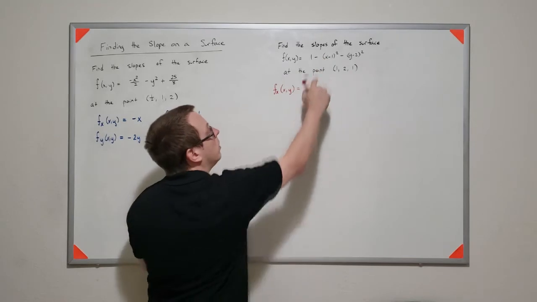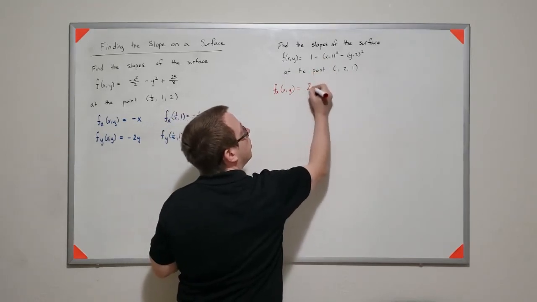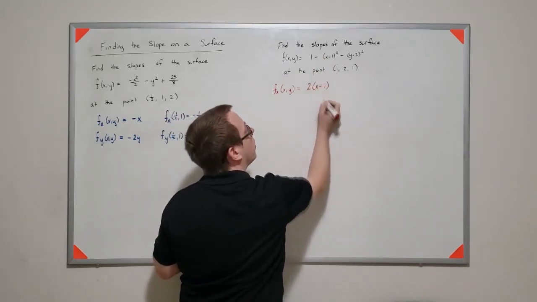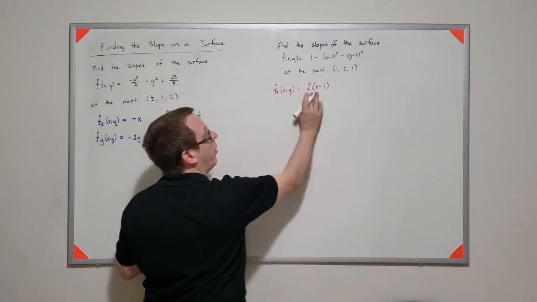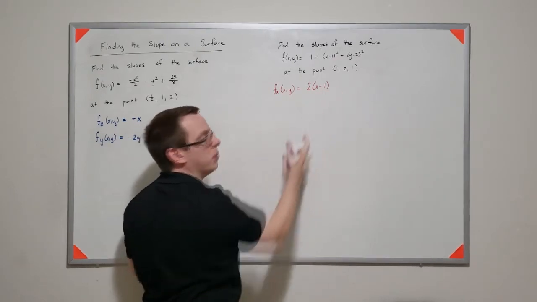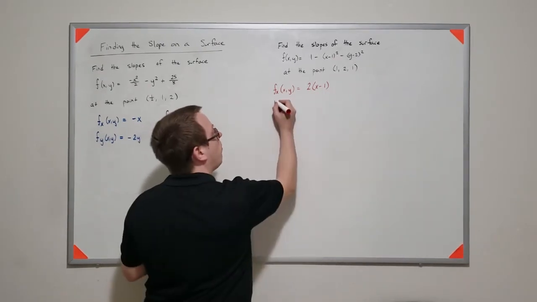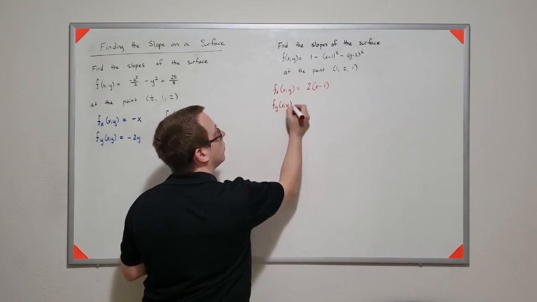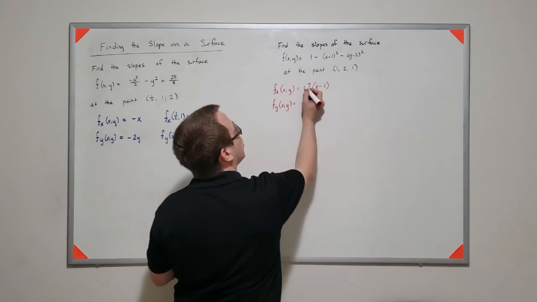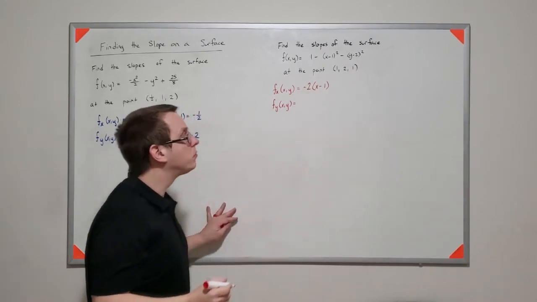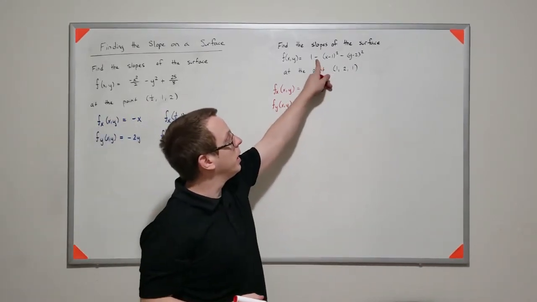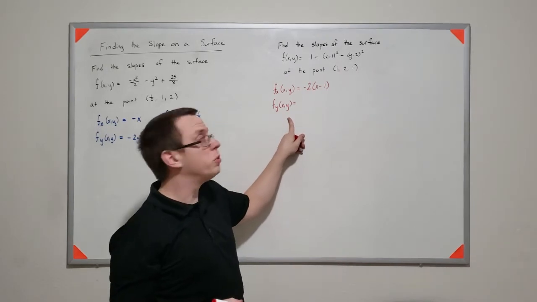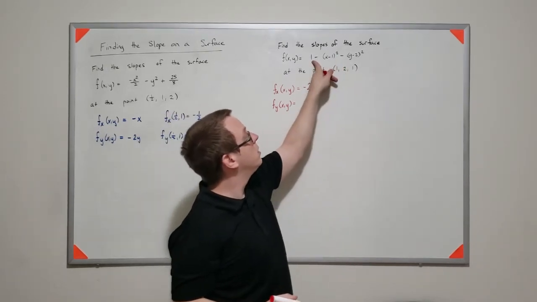So we have 2x minus 1. And then we would take the derivative of the inside, but that's just 1. Oh, I'm sorry, that's a negative 2. Forgot about that negative.